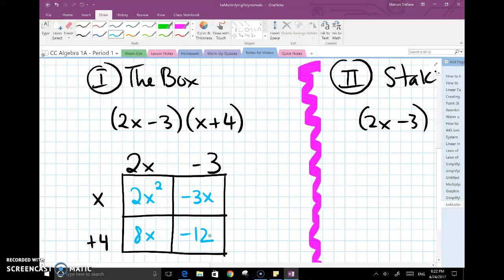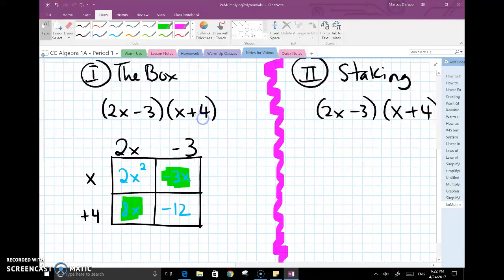Now, as far as multiplication, it's done. The only thing you have to do now is recognize that we have like terms, and they will always be diagonal to each other. In this case, negative 3x and 8x are the like terms. So they need to be combined so that we can get a final answer.